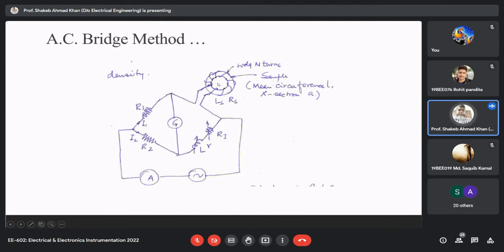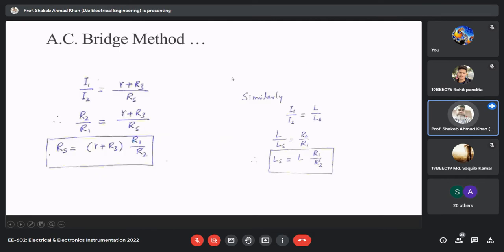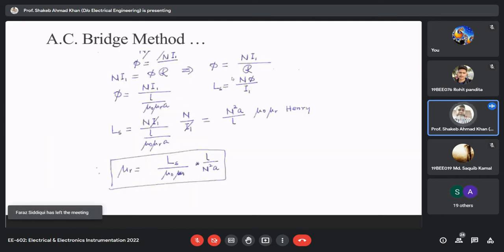Obviously I1 is flowing through it, so the mmf will be N into I1, which is equal to phi into the reluctance of the circuit. Then we can write phi is equal to NI over reluctance.